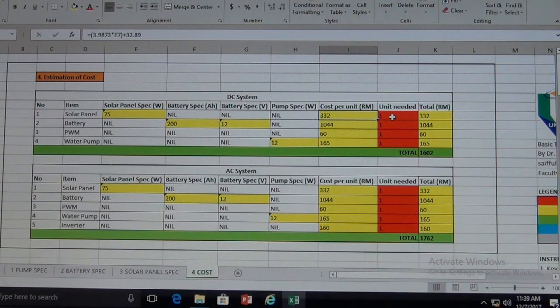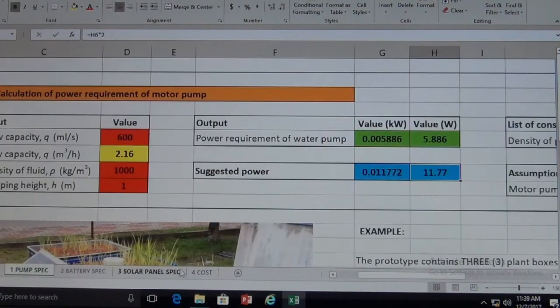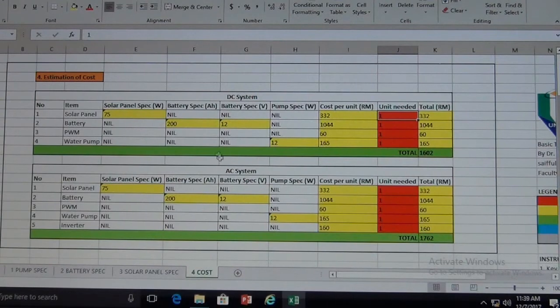You just need to key in how many units you need. If 1, click 1. This is the cost. Battery is automatically detected from your previous Excel over here, automatically calculated. So this is the total cost needed for one DC system.